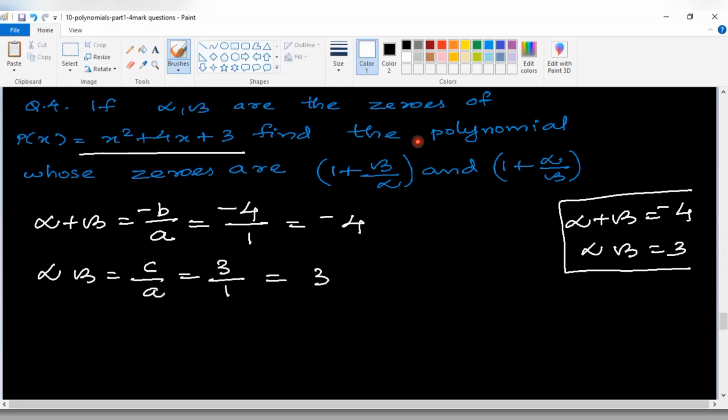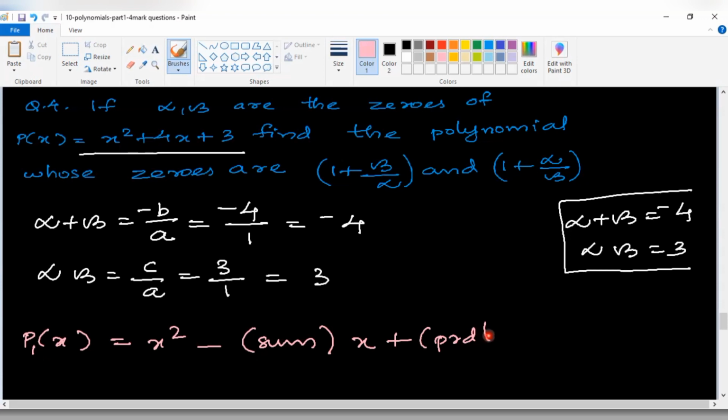Now we have to find another polynomial whose zeros are these. So the required polynomial p of x is, well, p of x is used in the question, no? So let us take it as p1 of x. So it is x square minus sum of the zeros into x plus product of zeros. I have used another way of writing sum of zeros and product of zeros.